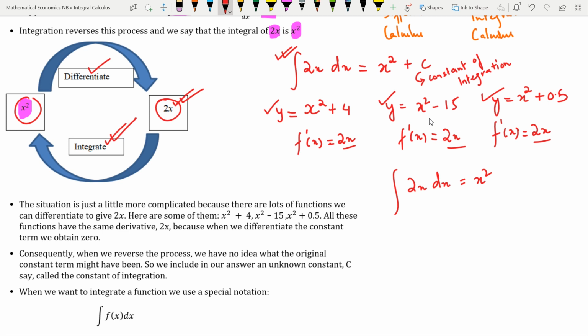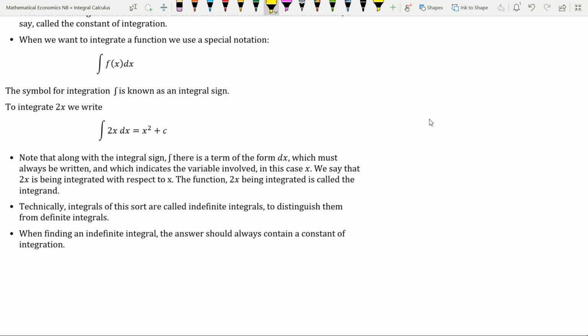So in order to take care of that, we add c, that is constant of integration, in order to take care of the missing constant term which may be associated with the original function. To integrate any function, we write the integral sign or elongated s.